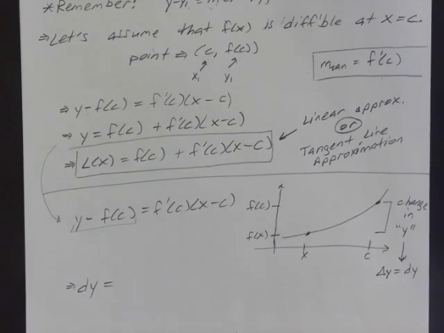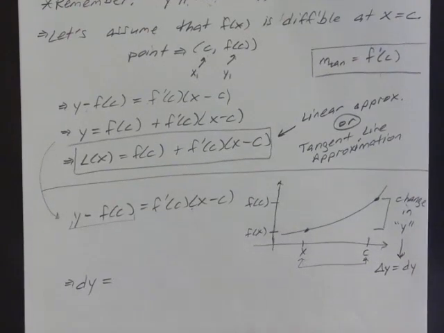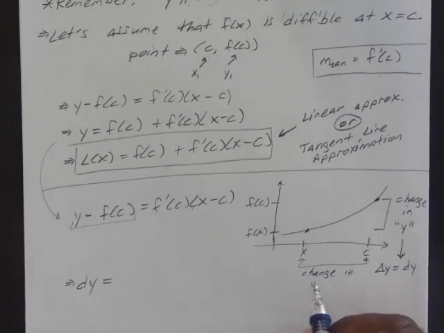is equal to, and now you have your x and your c, which gives us our change in x. Which is denoted as delta x or dx.